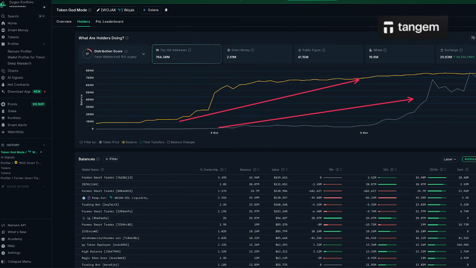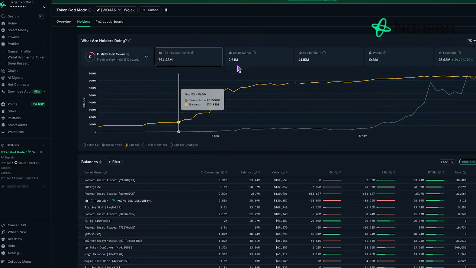What you don't want to see is the other way around. You don't want to see balance dropping, and of course, price dropping with it as well. Sometimes you see balance drop. Sometimes if there's a big dump, you will see the price also dropping.